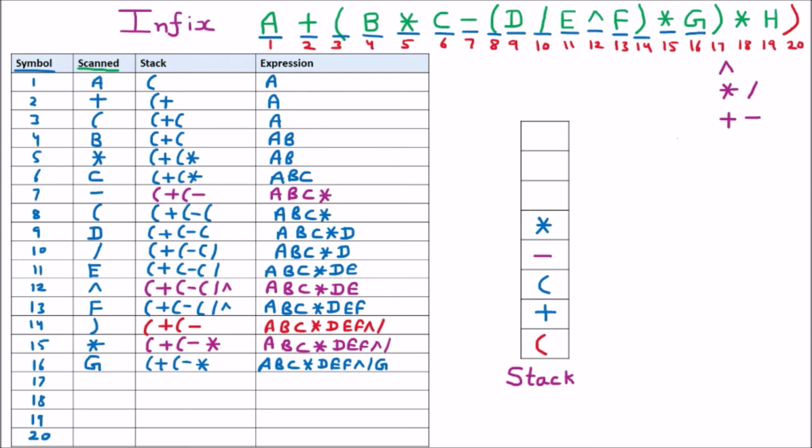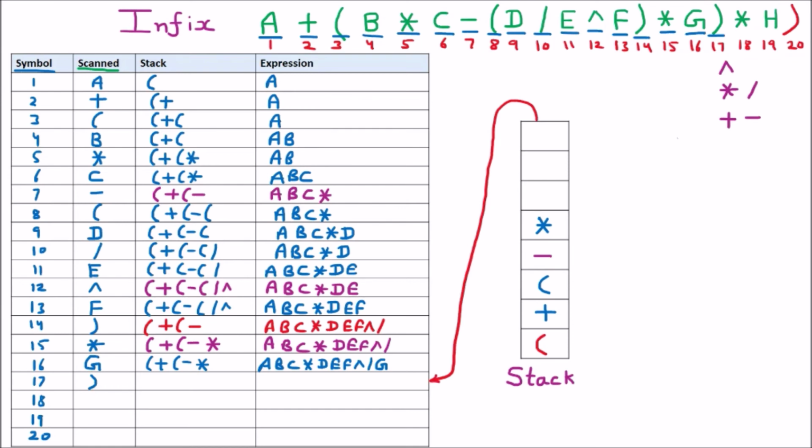Now the next symbol, the 17th, is a closing bracket. Whenever the closing bracket is encountered, we have to pop out the elements until the starting bracket comes. So here we have to pop out all the operators and put them into the expression.